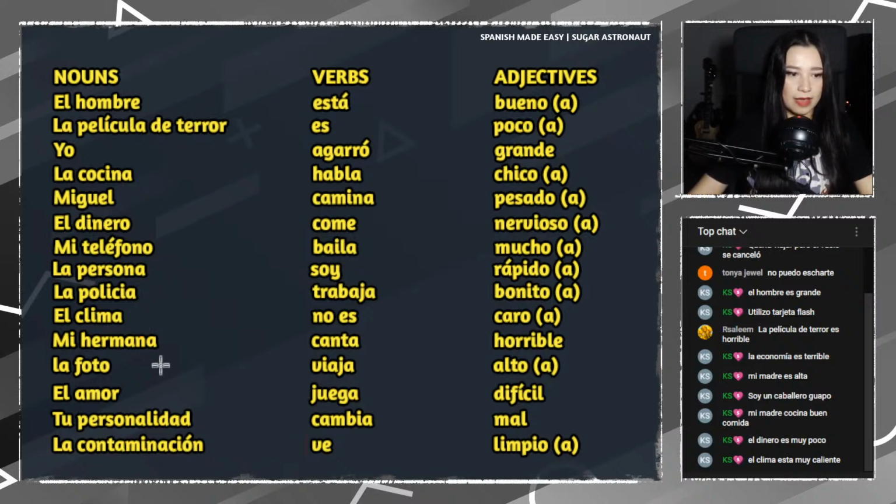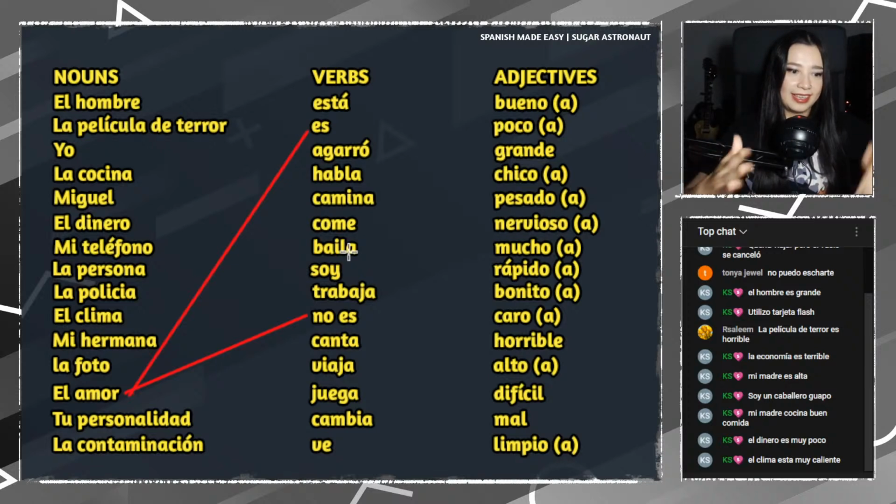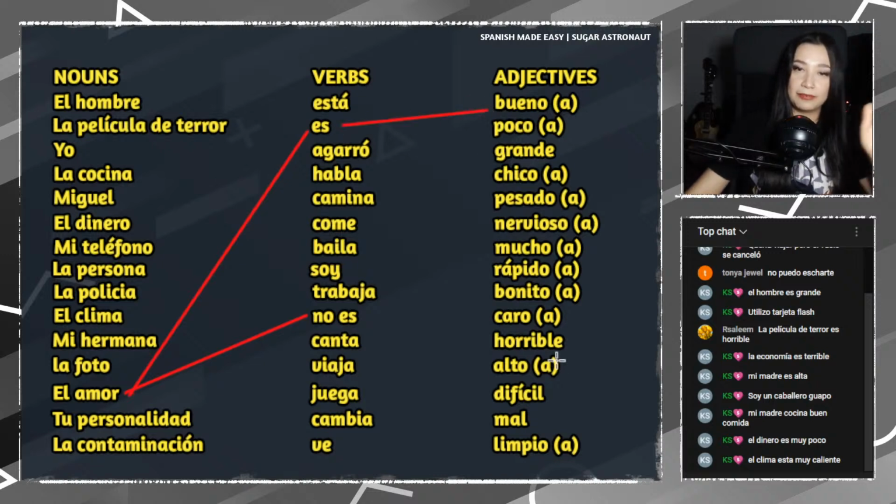Perfect. Now we have el amor. Love. El amor es. Or, yeah, we can use no es, the opposite. El amor es bueno. Love is good. Always, love is good. Okay.